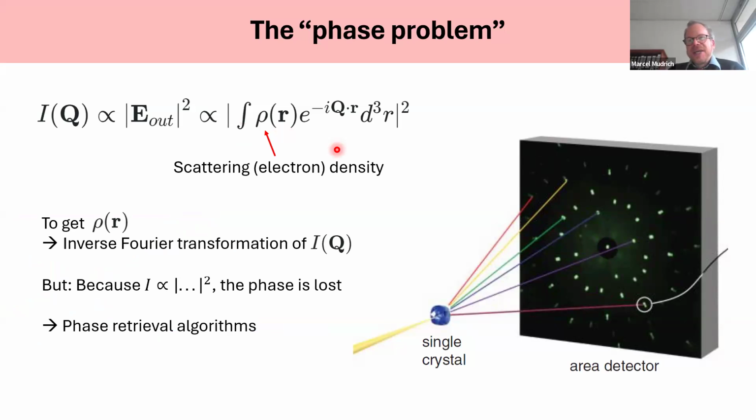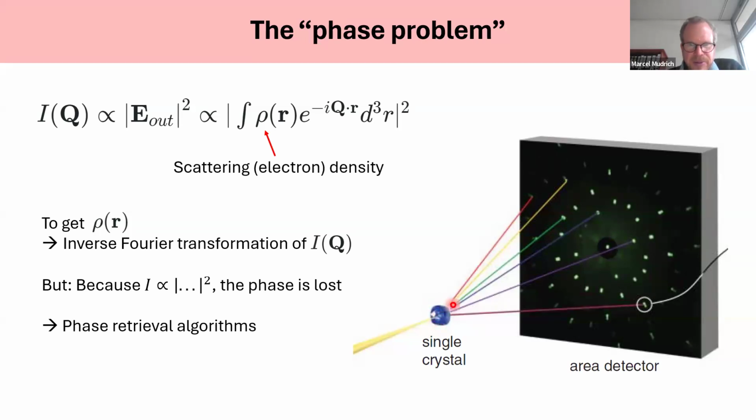But the main goal of X-ray diffraction is, of course, it's nice to measure all these sharp peaks on the screen, but what you actually want to do is to then back transform from the intensity distribution into the real space distribution of the scattering density, because the scattering density is nothing else than the electron distribution, and that gives you the crystal structure, right?